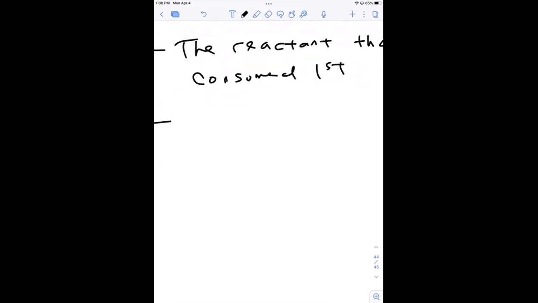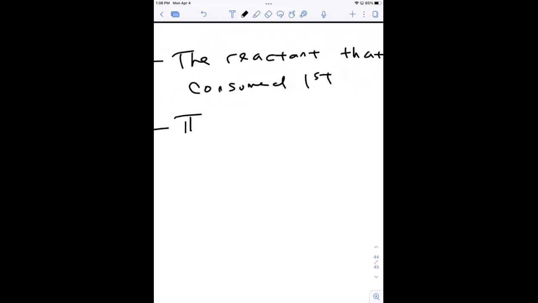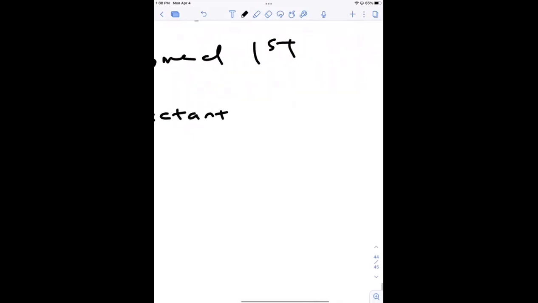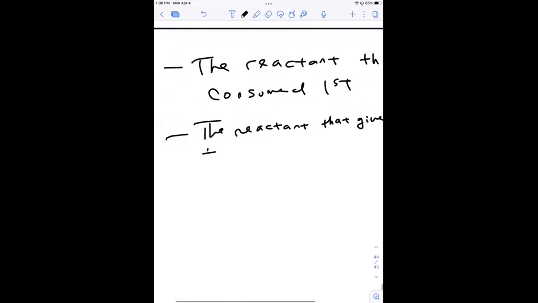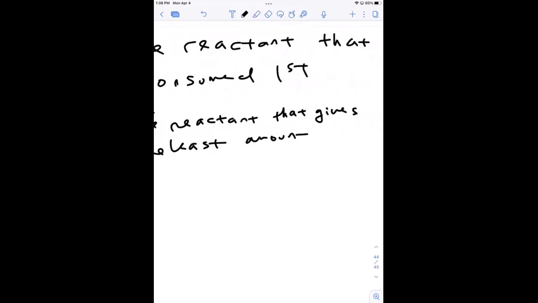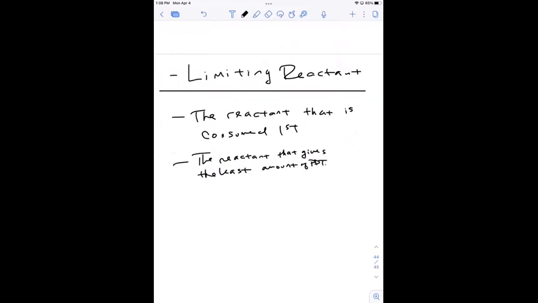The second definition is the reactant that produces the least amount of product. So those are two definitions for limiting reactant. It's the reactant that gets consumed first, or it's the reactant that gives you the least amount of product.